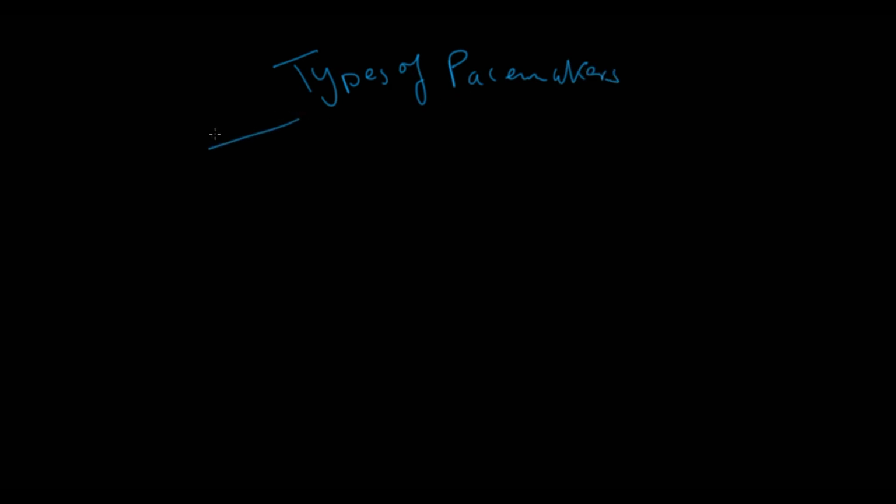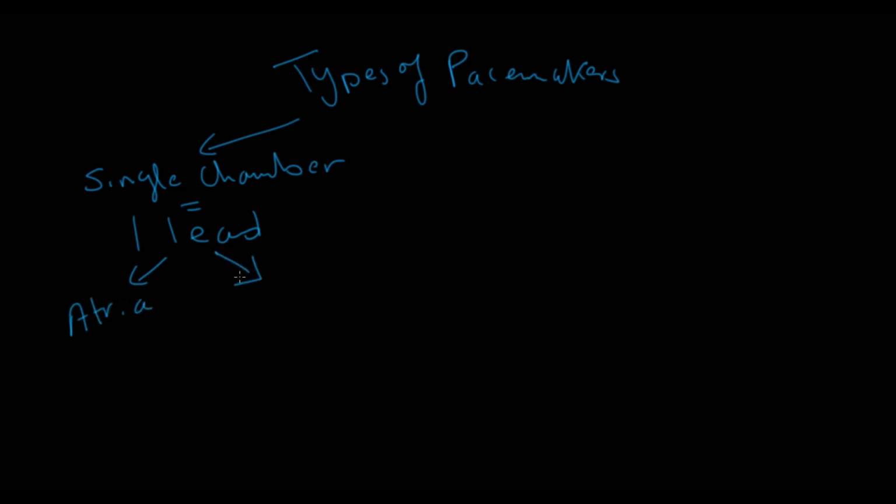Right, so the first type is single chamber pacemaker, which means there's only one lead. This lead can go to the atria, as we have seen in the SA node problem, or can go to the ventricle.